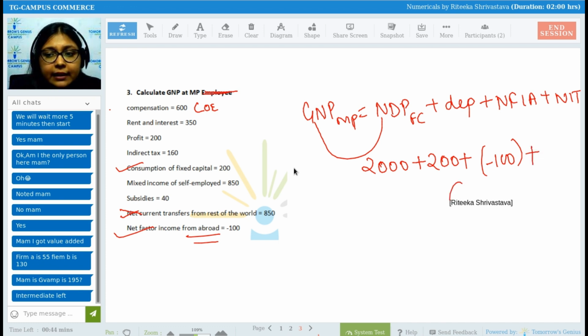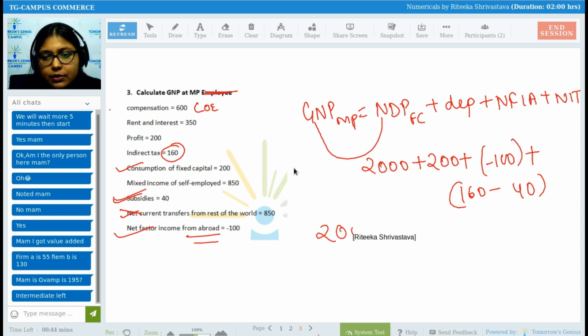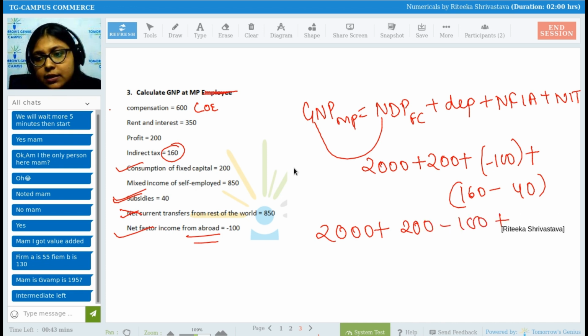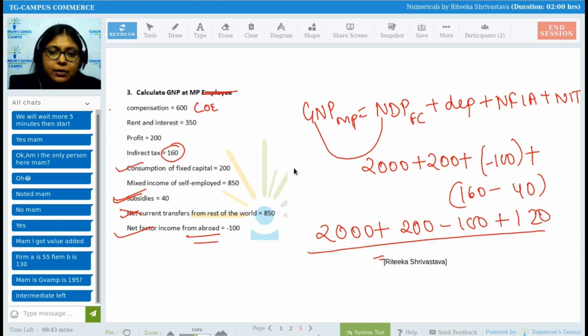Now NIT: indirect taxes are given as 160, subsidies 40. So 2000 plus 200 plus minus 100 plus 160 minus 40. 160 minus 40 is 120. Now just calculate it and you will get the answer.